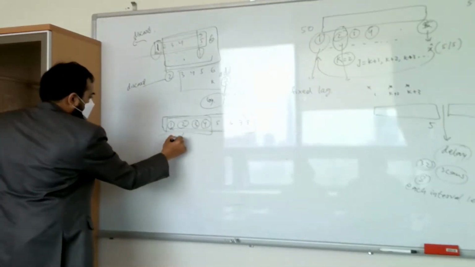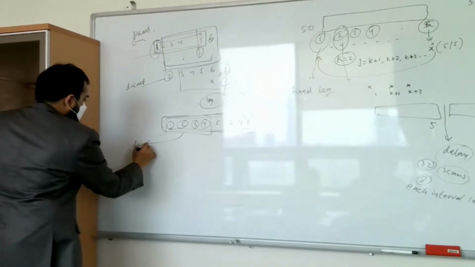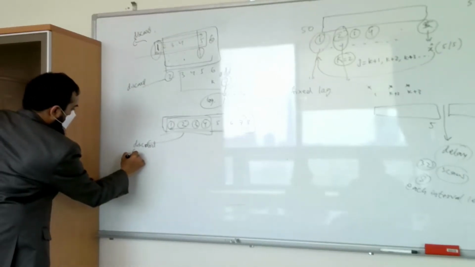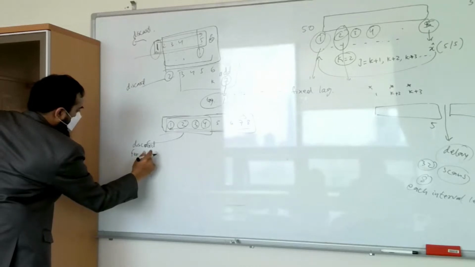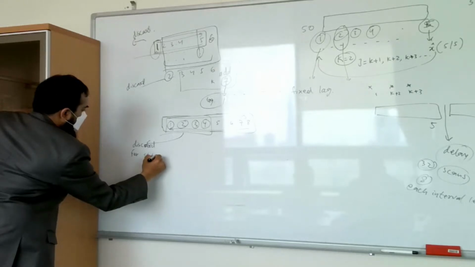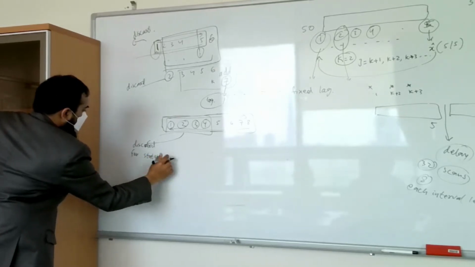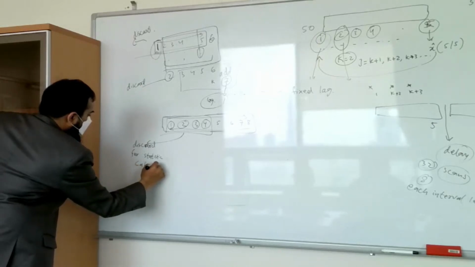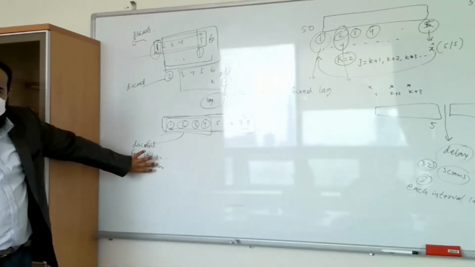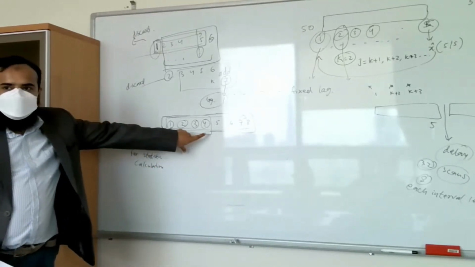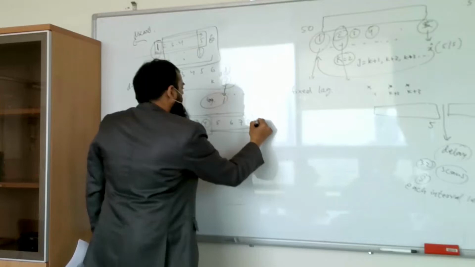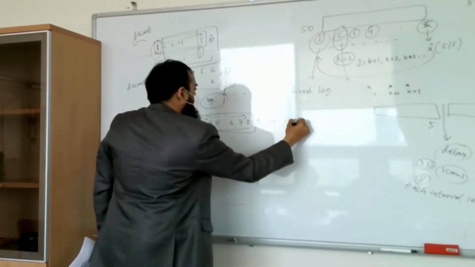Then discard them for statistical calculation, because we have already smoothed these scans, and then add 4 more scans like 9, 10, 11, 12.